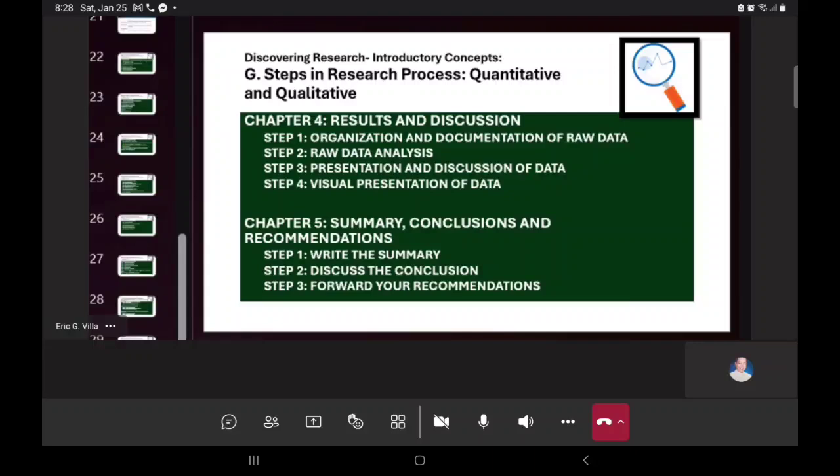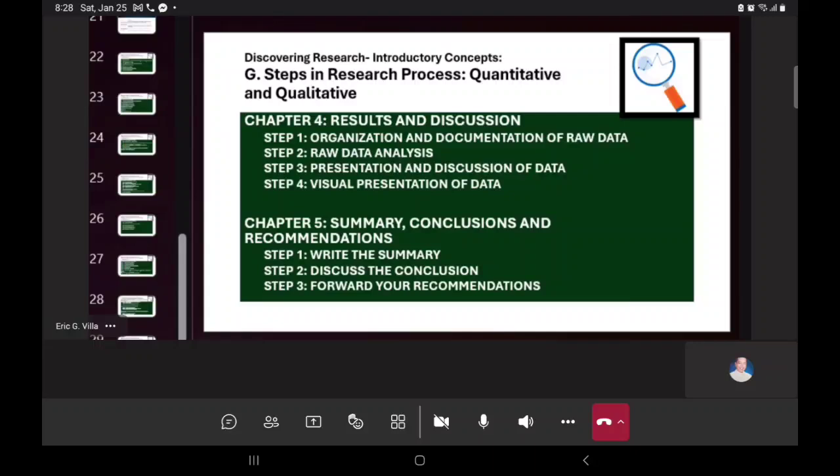Conclusion formation for qualitative research emphasizes the interpretation of meaning and understanding of phenomena. It also emphasizes connection to theoretical framework, recognition of multiple realities, and reflexive analysis.